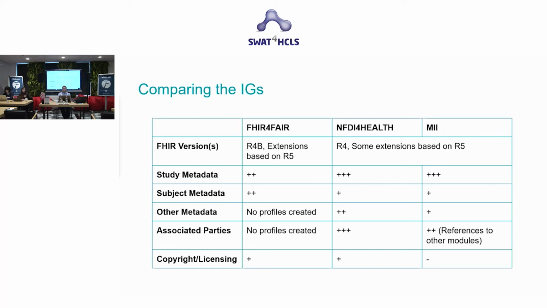We still don't cover this aspect of data sets in FHIR4, but that's something we are trying to better cover in the next versions, because this is one of the resource types also defined by DataCite. And there's still, I think, a big room for how to do it. Should we use a list? Should we use a document for that?